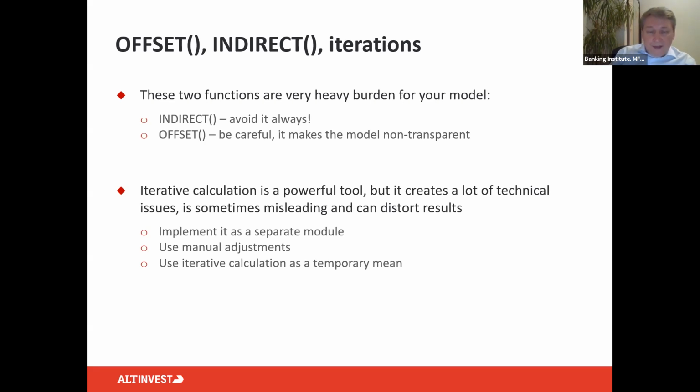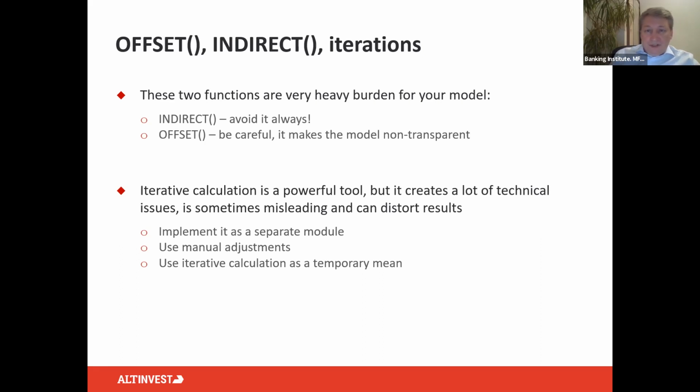Basically, we can switch this option off and on. So if we are prepared to develop a model with iterative calculations, then we tick the option iterative calculation, and Excel stops giving us this warning.